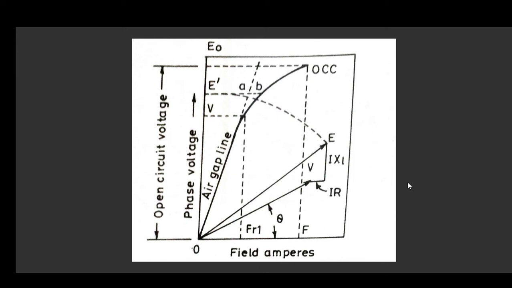Actually, what I have drawn here is the current I and the field ampere, both of them drawn in the same scale. This is also our current I in this direction.